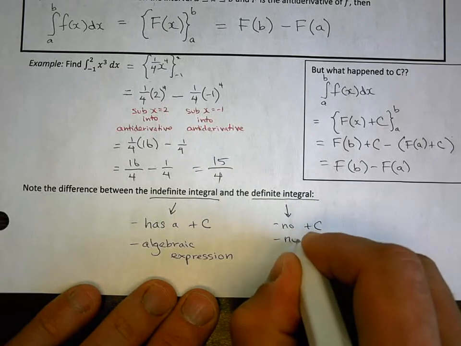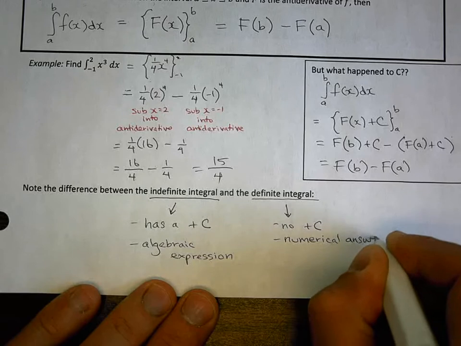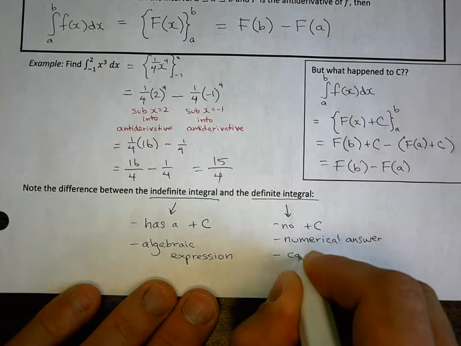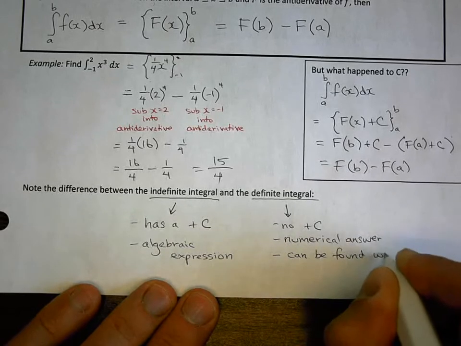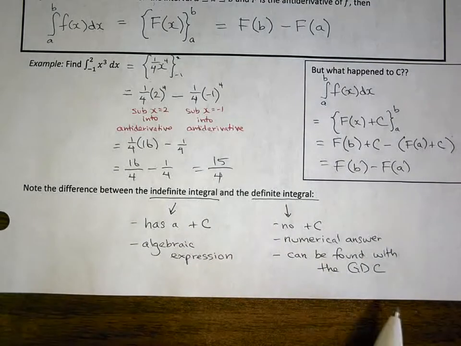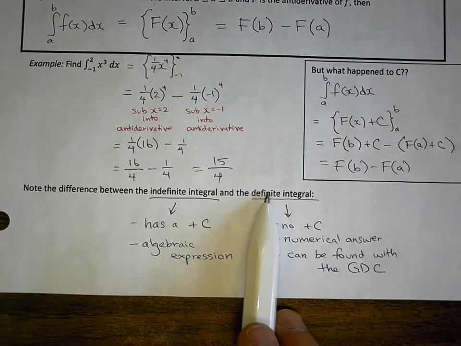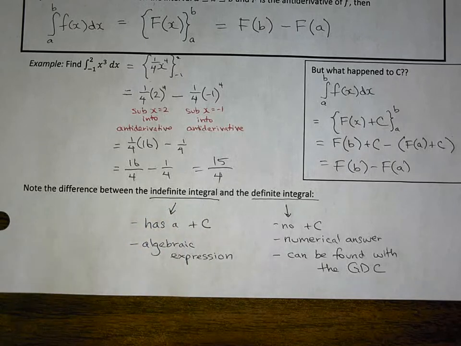It's a numerical answer, and it can be found with the GDC. So what's neat is the calculator is very good at finding these, but it can't find these. And we'll see that once we start using the calculator.